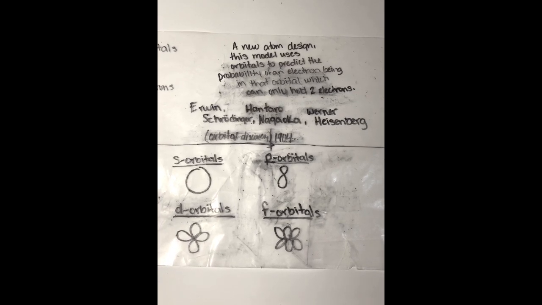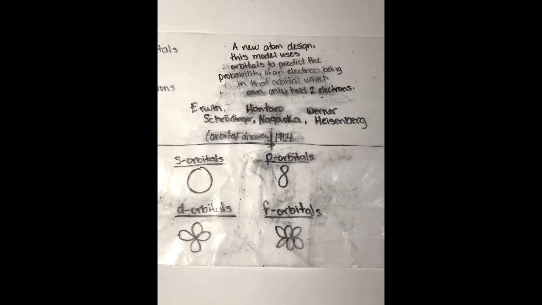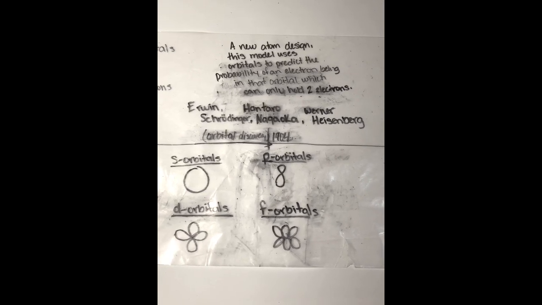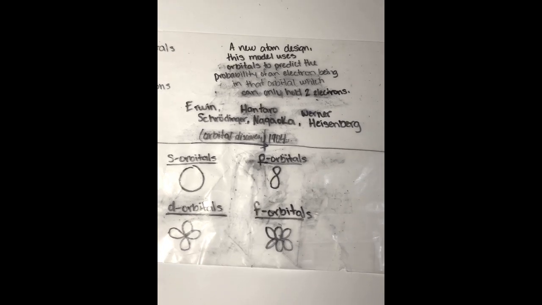So we could only speculate on where it was and how fast it was moving. That's why we came up with orbitals. And each orbital can only contain 2 electrons, and that helped develop the theory of how electrons move in an atom. And so, s, p, d, and f orbitals were the newest way to visualize atoms.